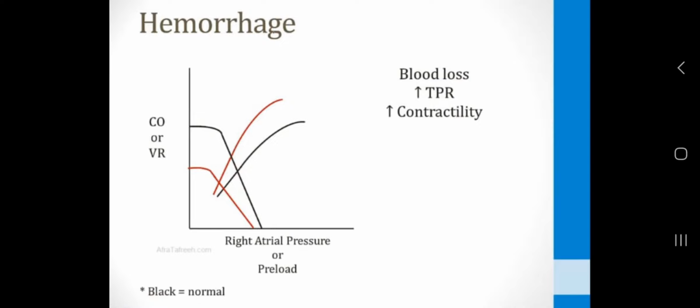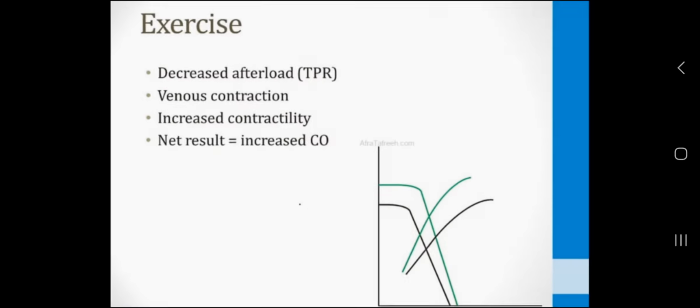Okay, so the cardiac output is decreased, and with that, the right atrial pressure will be increased. In case of hemorrhage, there is blood loss and increased TPR and increased contractility. Overall, the cardiac output would be decreased and right atrial pressure would be decreased.